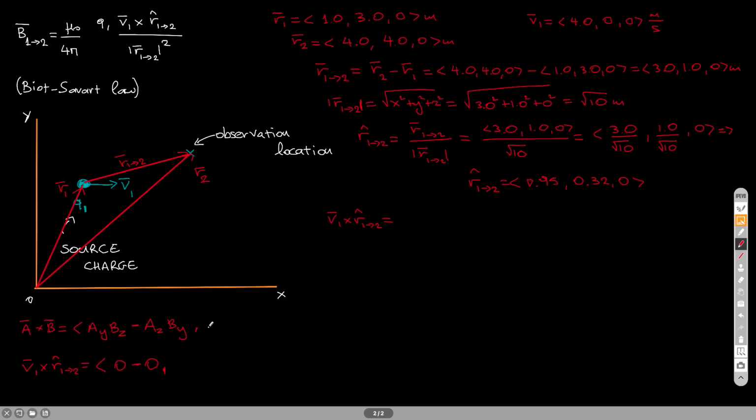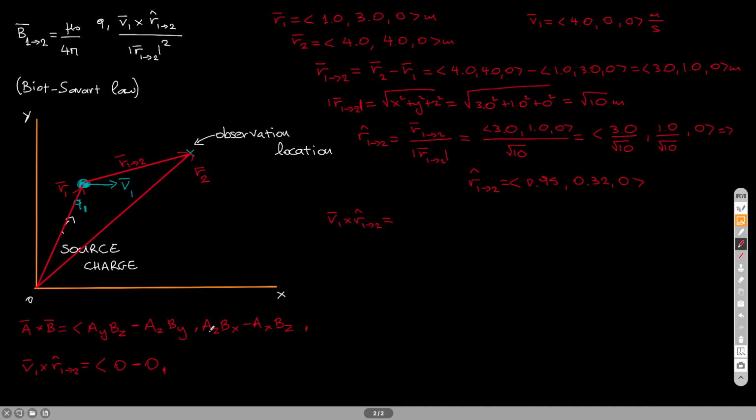Now for the y component, I have Az bx minus Ax bz. Let's see what that will give us. A is the velocity vector, so this is the z component, and I already checked that before.